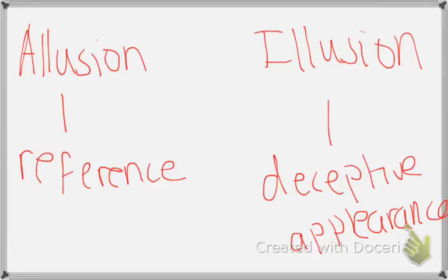Okay, so to give an example: Paul's constant allusions to Shakespeare created an illusion that he was an intellectual. So he really was an intellectual, but he made allusions to something else. Back then, there were a lot of allusions made to things that were commonly known, like Shakespeare, who always basically had love stuff, so there was a lot of allusions to love and whatnot.